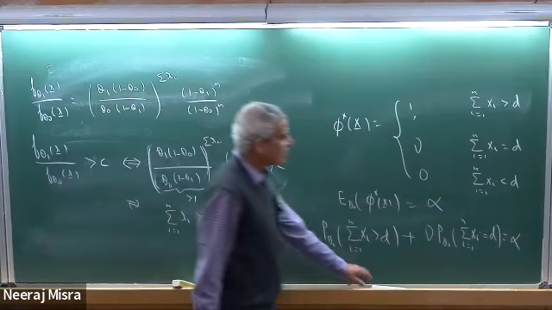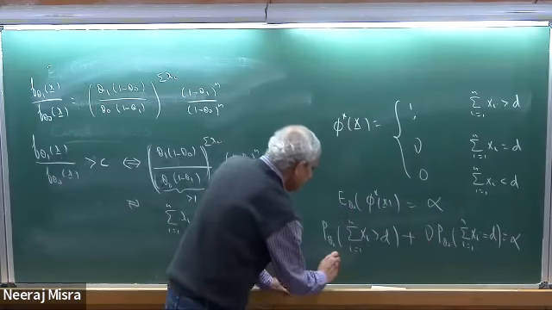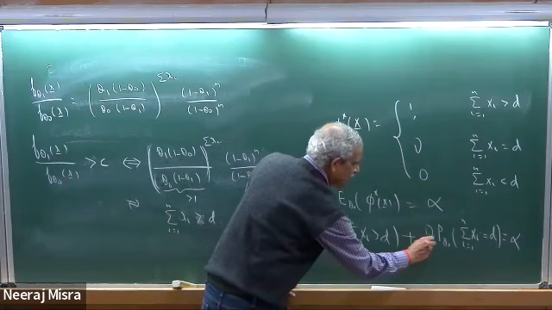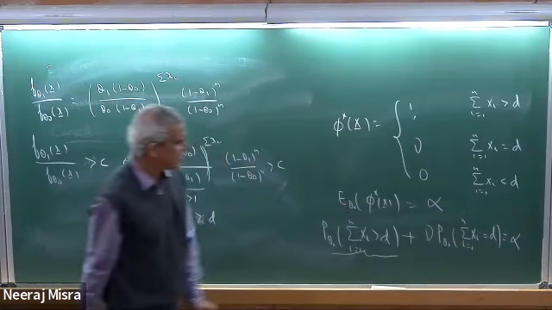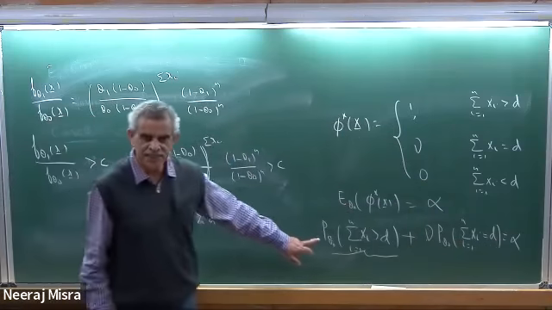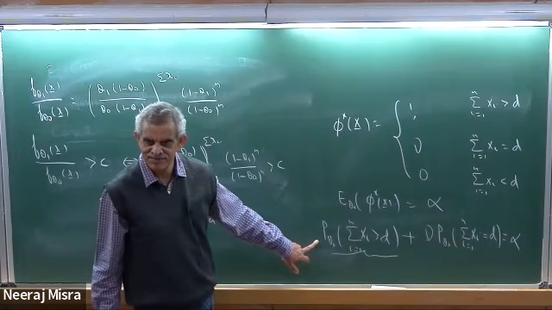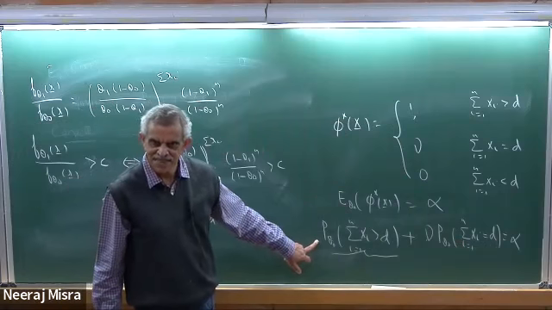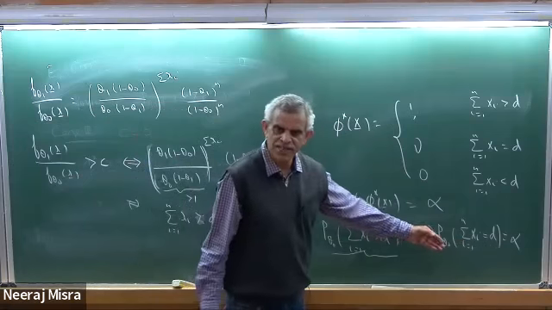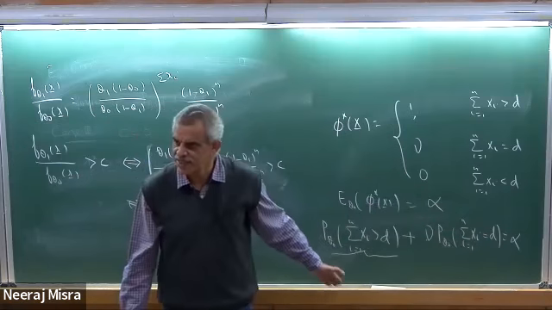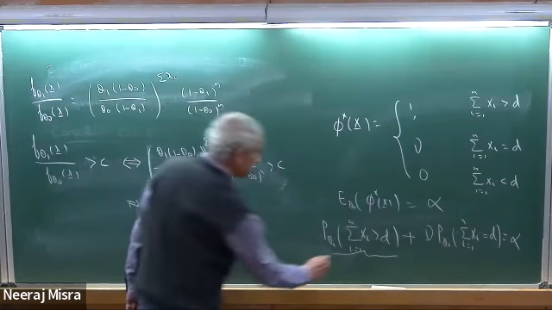Okay. Now let's try to see if this is okay. This is alpha. Gamma has to be greater than or equal to 0. This probability is greater than or equal to 0. That means the first quantity has to be less than or equal to alpha, because this is positive. When you add something positive, you get alpha. So this quantity has to be less than or equal to alpha.